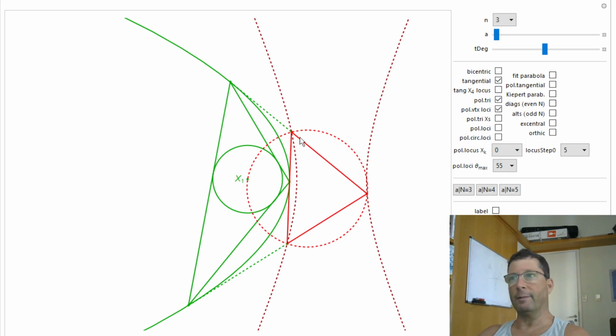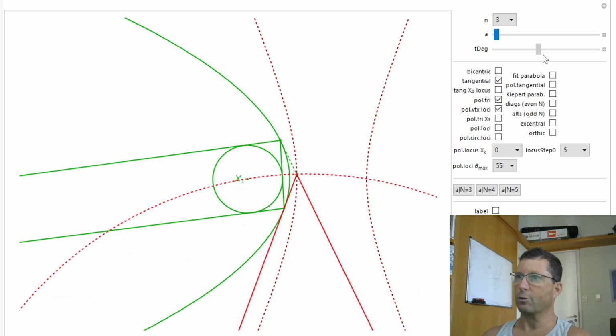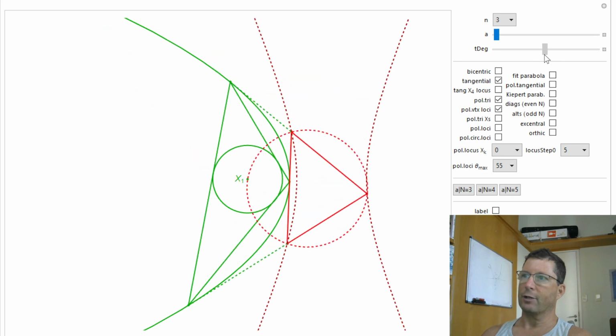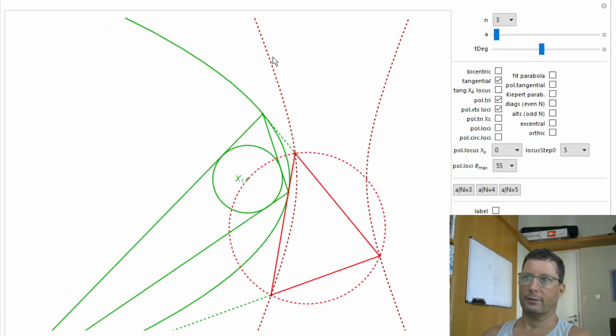Because this is a polar image of a triangle family, a Ponceletian triangle family, with respect to one of the conics, it is a pretty well-known thing that this is also going to have to be Ponceletian. So this red family is also Ponceletian. It's actually inscribed in a hyperbola, which is the polar image of, and now I'm actually saying something wrong.